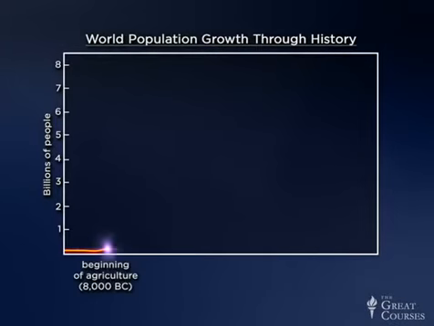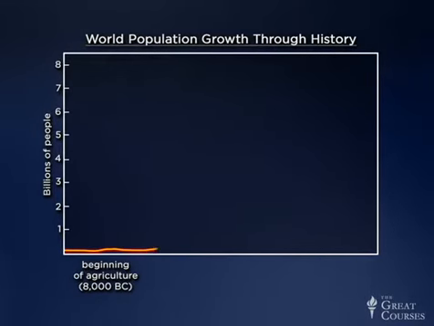Hunter-gatherers in the Pleistocene, more than 30,000 years ago, were living at very low population densities. And after that, the population grew, so that by the time we get to the beginning of agriculture, there are millions of people living in the world.